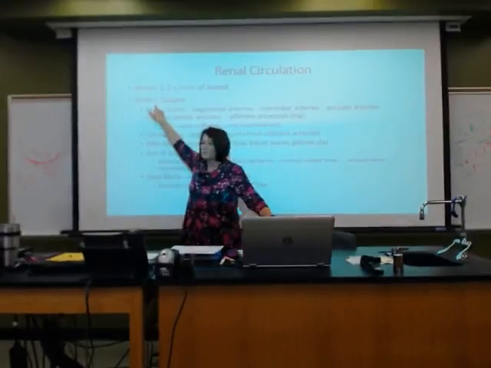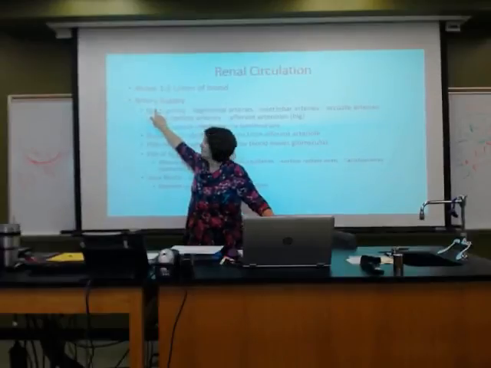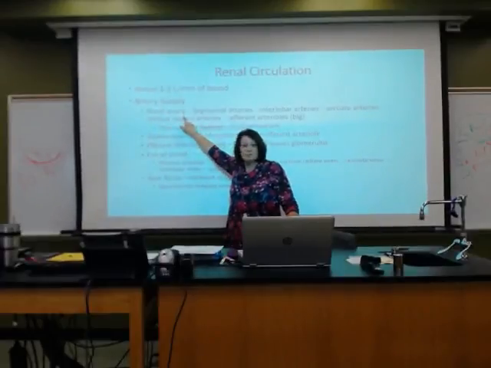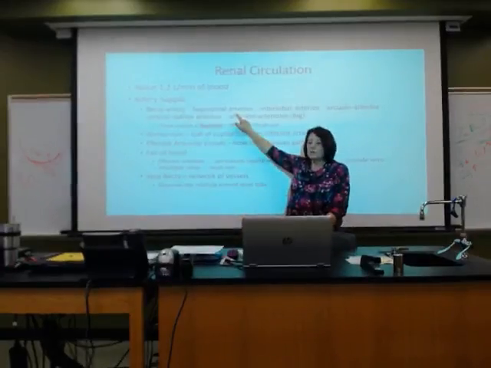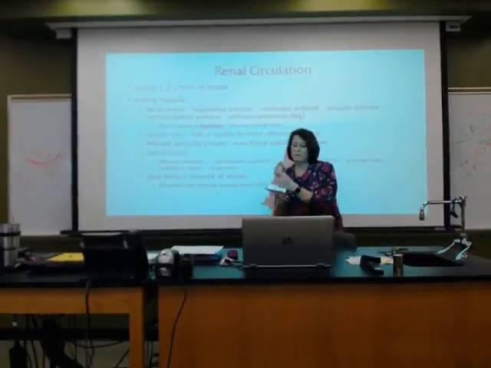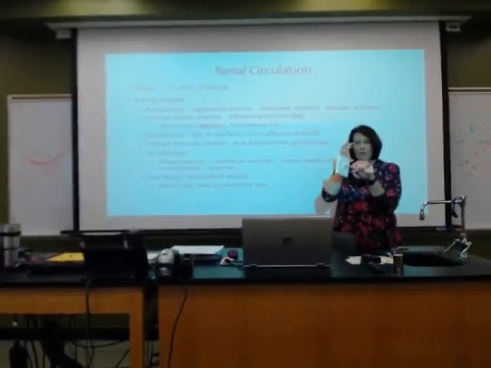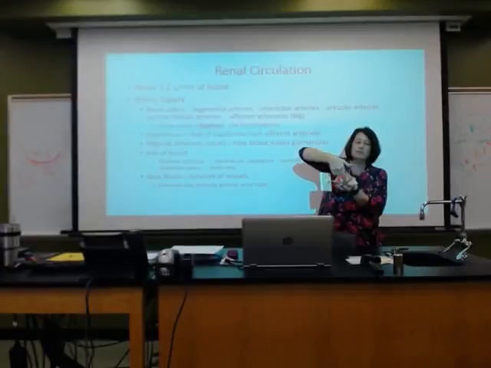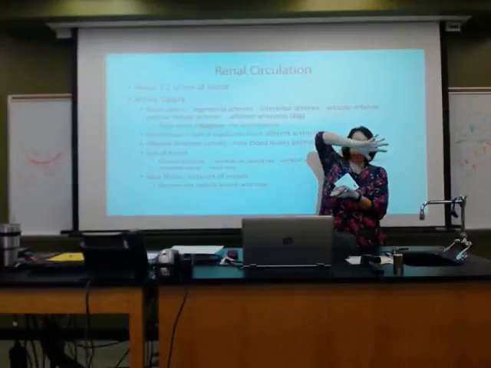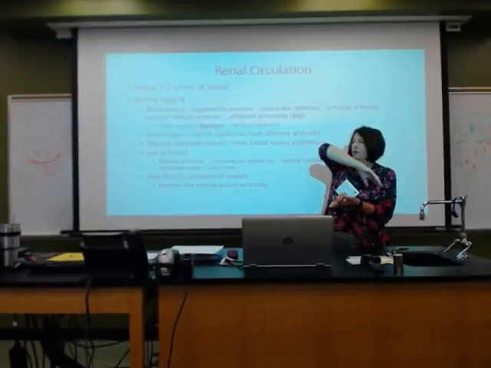The arterial supply to the kidney, our renal artery, ta-da, okay? Renal artery is this great big huge one. Now here's the way that it's going to basically branch, branch, branch, branch, all right?